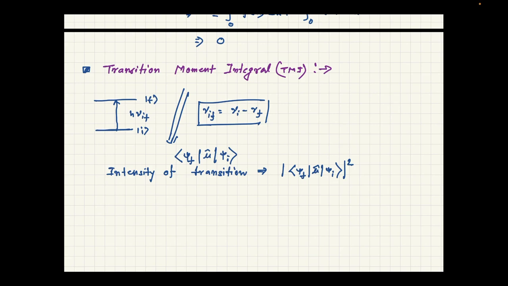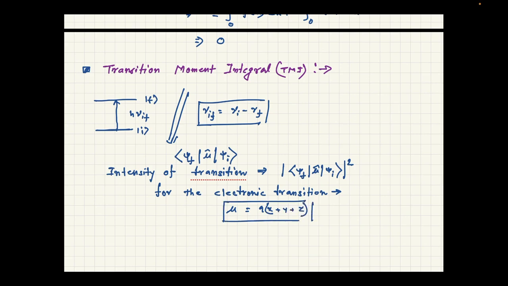And for the electronic transition, the dipole moment will be just charge times displacement. Let's say the charge is q, so q times x plus y plus z. So this will be the dipole moment operator.